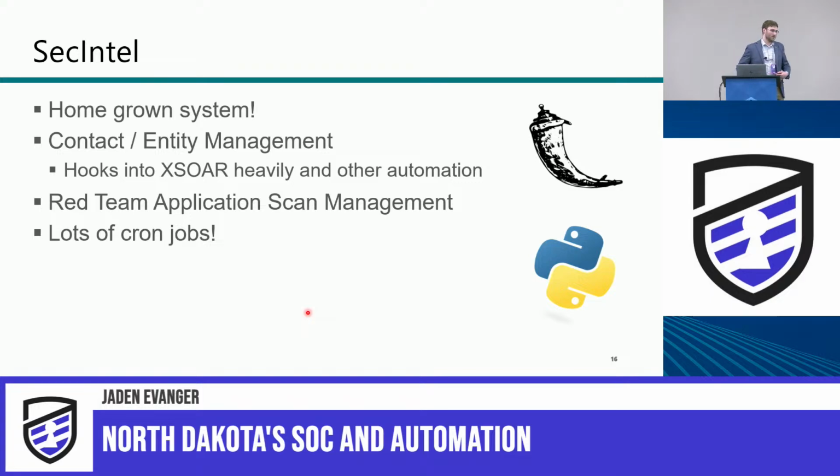We store a bunch of IP ranges from our IPAM solution, and we associate them with where the IP belongs, like which of our contacts it belongs to. For users, we know where they are based on the directory structure.